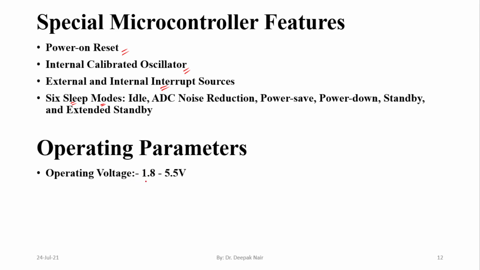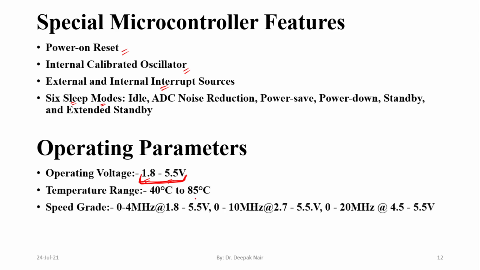Operating parameters: we have to provide at least 1.8 volt to run the microcontroller, and the maximum voltage that the microcontroller can handle is 5.5 volts. So it is recommended that we should use voltages between 1.8 to 5.5 volt. Please never try to exceed the 5.5 volt. The temperature range is between -40 to 85 degrees Celsius, and speed can be varied with respect to voltage.